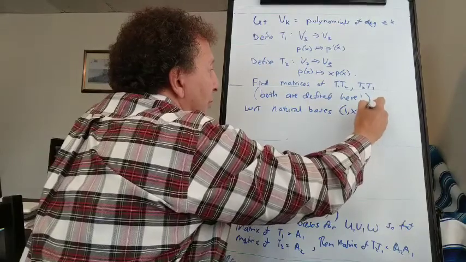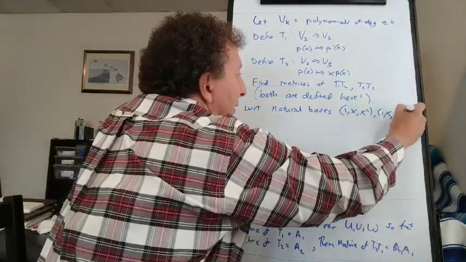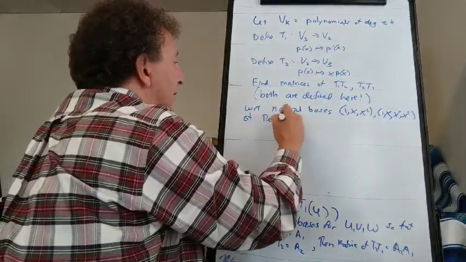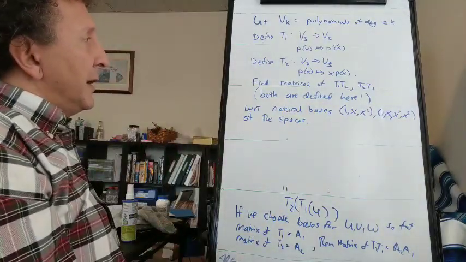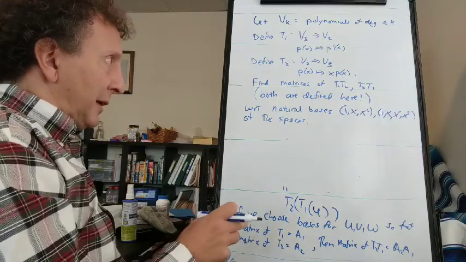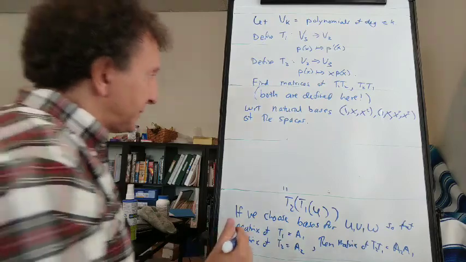And the natural bases are 1, x, x squared and 1, x, x squared, x cubed. So we really just need to find the matrix of T1 with respect to the bases, the matrix of T2 with respect to the bases, and then multiply.